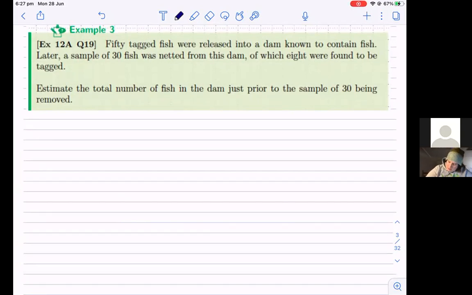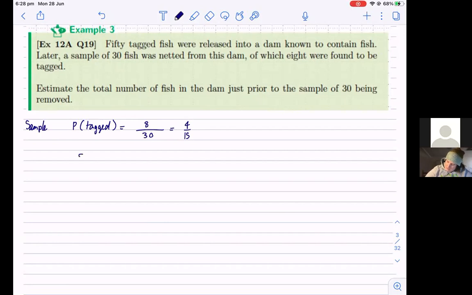So from our sample, the probability of tagged, well, there were 30 fish that we pulled out and 8 of them tagged, yeah? So that's 4/15. Not a nice decimal.